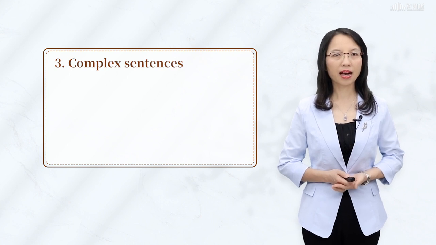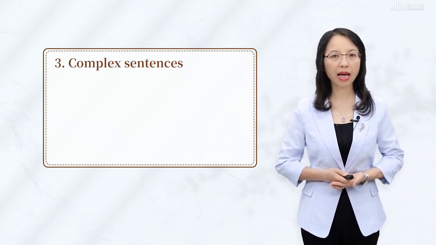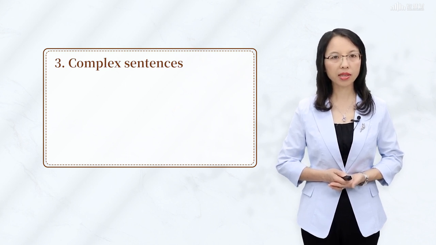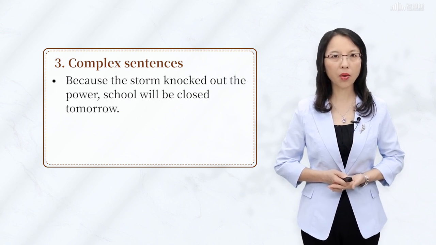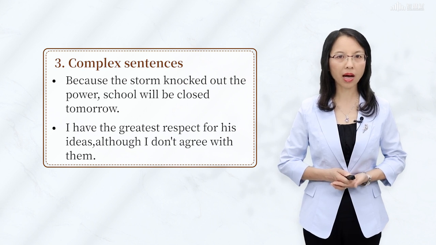3. A complex sentence has one independent clause and at least one dependent clause. For example, because the storm knocked out the power, school will be closed tomorrow. I have the greatest respect for his ideas, although I don't agree with them. In the first sentence, because the storm knocked out the power is a dependent clause.